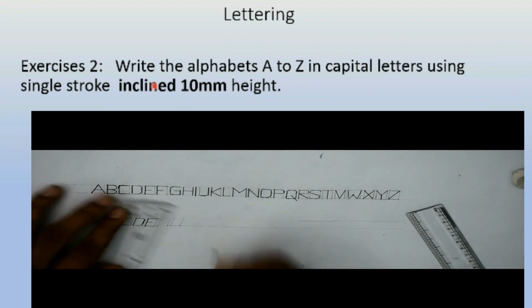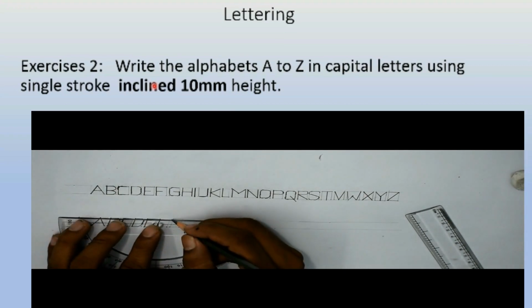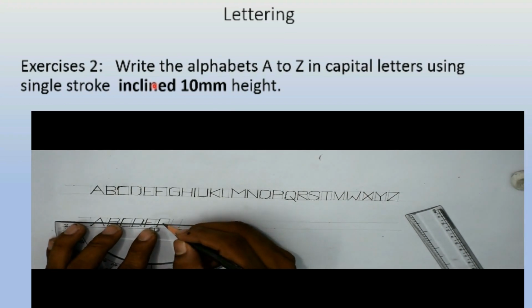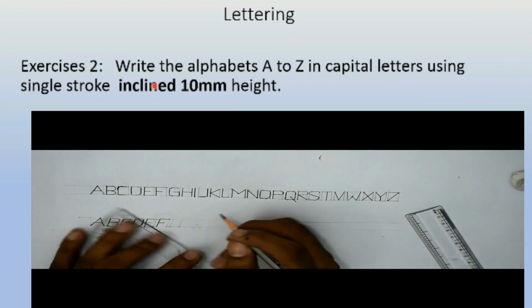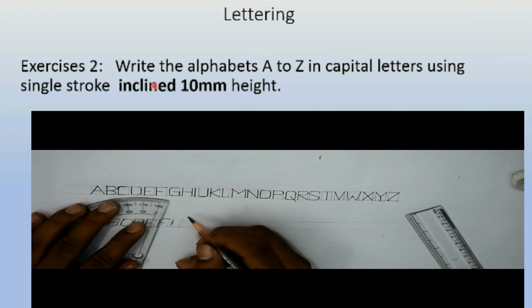So I'm drawing the letter F here now. Now the letter G, which is a little bit complicated here.